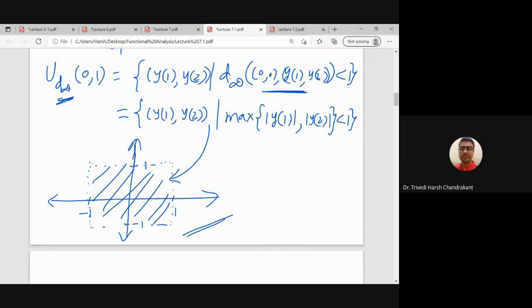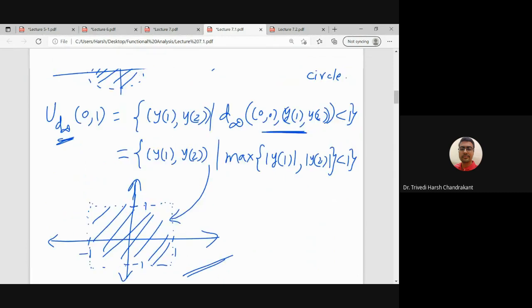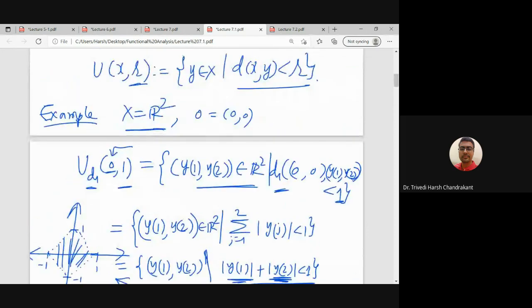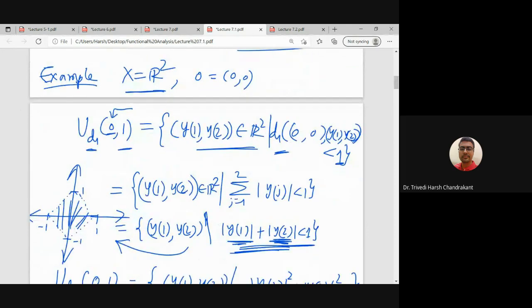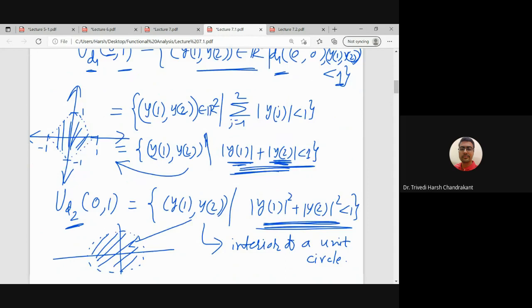So it is not a circle, but it is a square, unit square kind of thing. And if you take the D1 metric, then it is a diamond shape. So geometrically, the shape of the unit ball depends on what is your metric in R2.